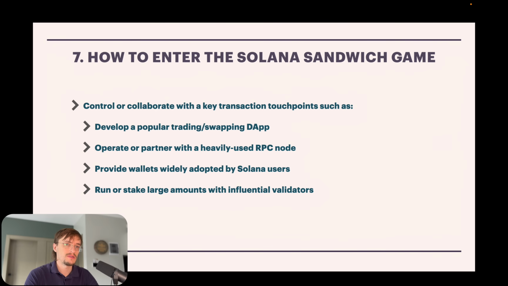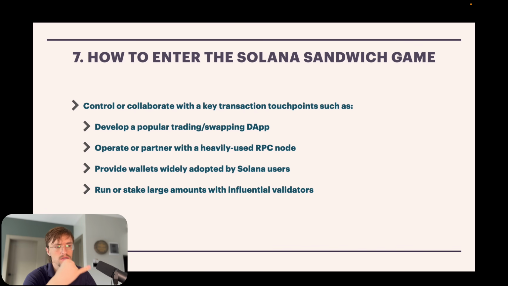In order to become a sandwich bot as profitable as this one, the one that we've seen in the beginning, you gotta develop a popular trading app or swap, because then you can get access to pending transactions. You operate a heavily used RPC node. You have a wallet that gets used by many people, or run a validator with a lot of stake, or connect or partner with many validators.